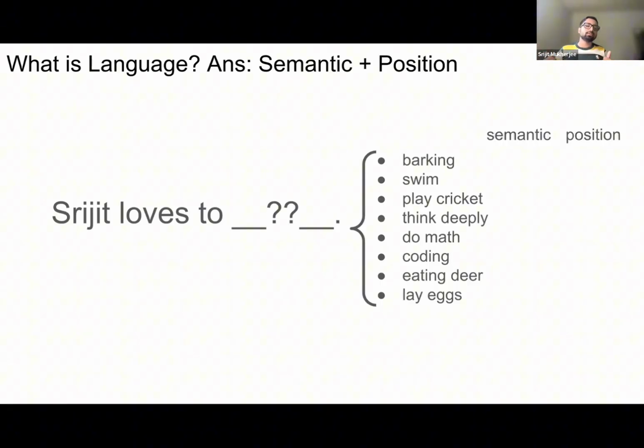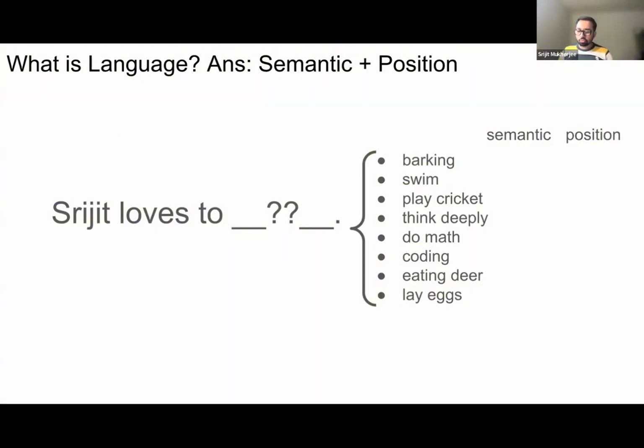Okay, let's go to the next one. Swim. Is it possible here to do the swim thing? Yes. Why is that so? It is semantically and positionally correct. Very good. What about the next one? Play cricket?